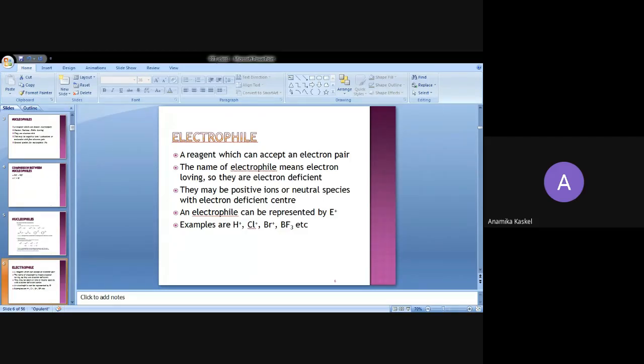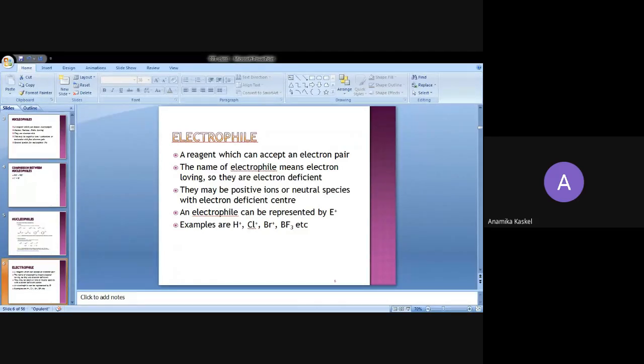But octet fulfillment tells us it should have 8 electrons. That means it is an electron deficient species, so it wants to draw electrons. That is why BF4 minus, that is NaBF4, BH4 minus is very common in nature. As it gets the electron, it will fulfill the octet and it behaves as a neutral electrophile. So this is the example.